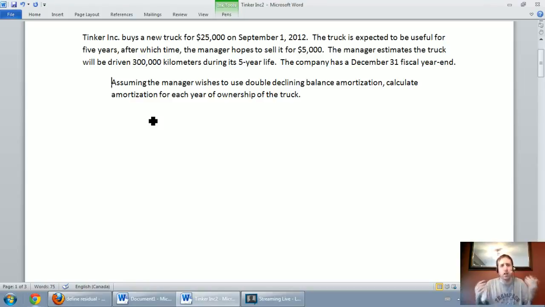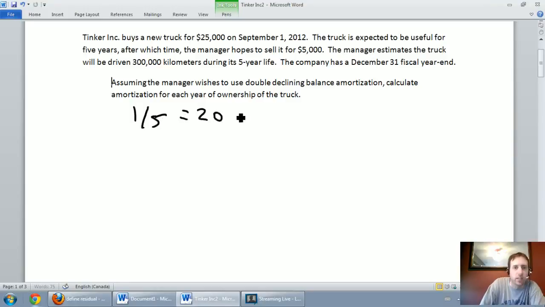So we base our double declining balance on the number of years in the same way we did straight line amortization. So with straight line, we said, okay, we're going to amortize this asset over 5 years. With double declining, we just want to make that a ratio. Each year represents 1/5 amortization, and if I want to restate that as a percentage, that's 20% amortization.